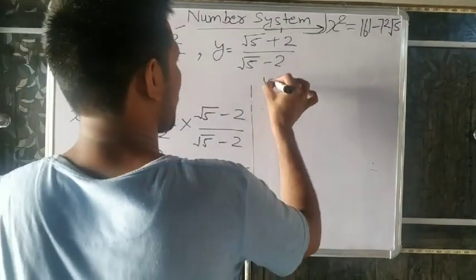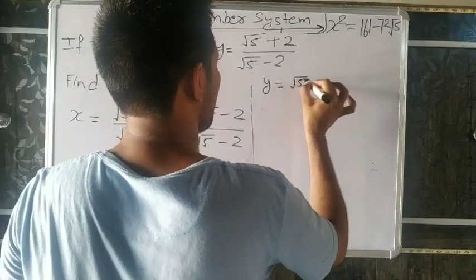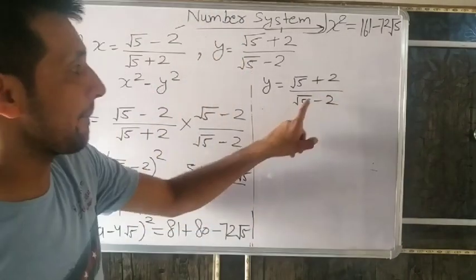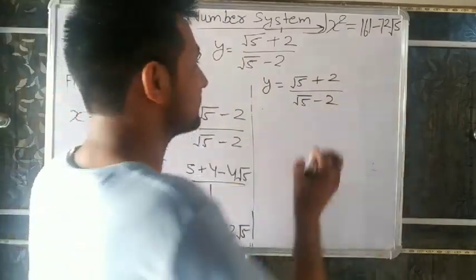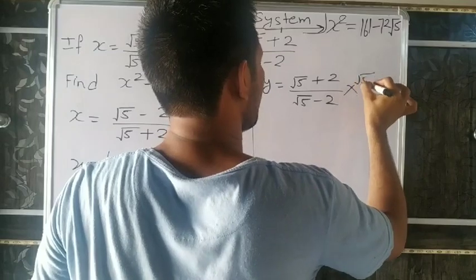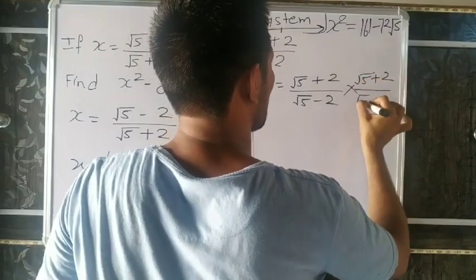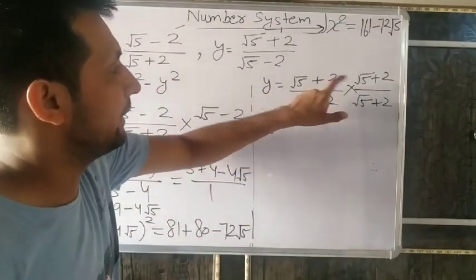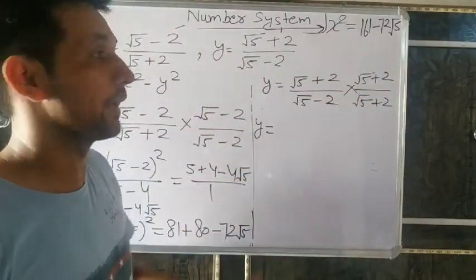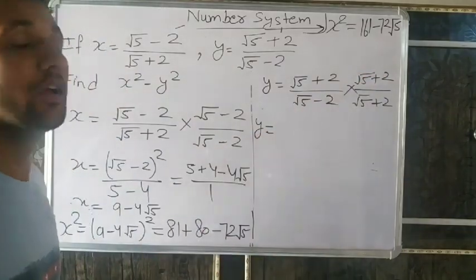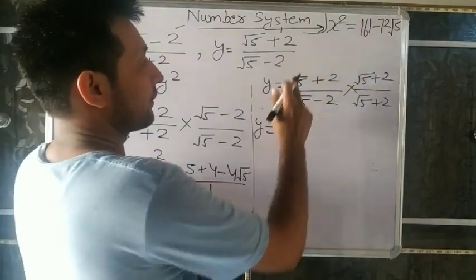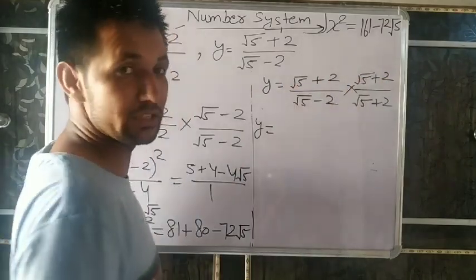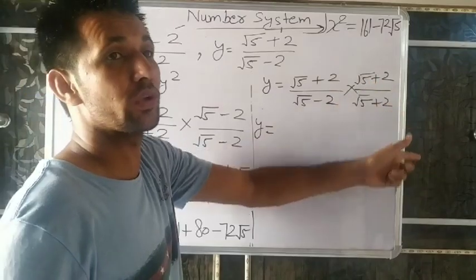To rationalize, multiply with (root 5 plus 2) in both. Root 5 into root 5 is 5. Understand? So it becomes the (a plus b) whole square formula.